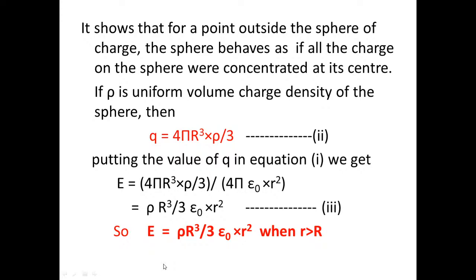So the electric field intensity at point P due to a solid charge sphere, when point P lies outside the sphere of charge, is equal to rho R cube upon 3 epsilon naught into small r square. This is the case when r is greater than R. Small r is the radius of the Gaussian surface and capital R is the radius of the sphere of charge.